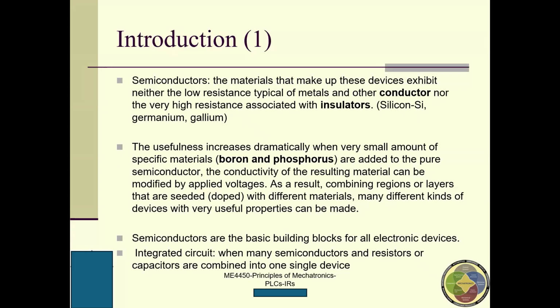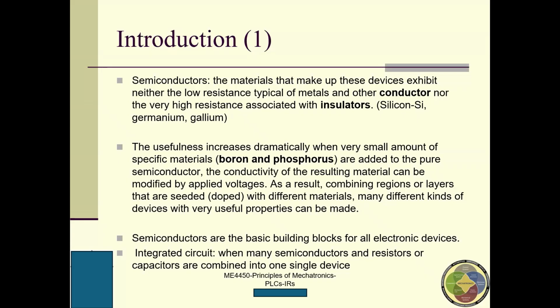And this has been the case since the 60s or 70s. So the usefulness increases dramatically when very small amounts of specific materials, for example boron and phosphorus, are added to the pure semiconductor. Theoretically speaking, pure semiconductor is useless. It becomes useful when you add doping elements, for example boron and phosphorus.